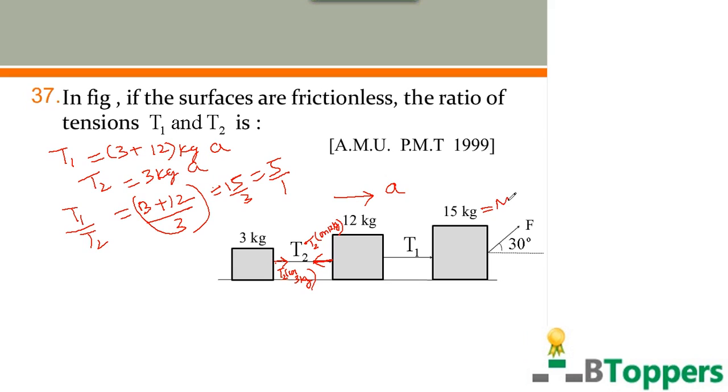Suppose we call these three blocks M1, M2, M3. Of course, we assume that the mass of each string is negligible compared to the masses of the blocks at the two ends of each string. Therefore, the magnitude of the tension at one end of the string can be assumed to be the same as the magnitude of tension at the other end of the same string.